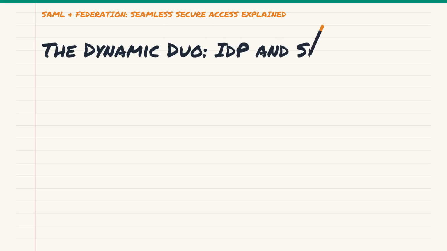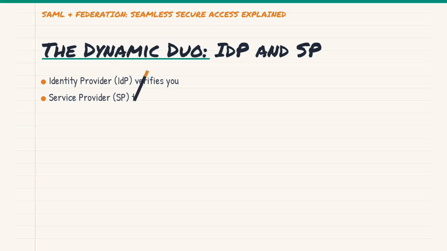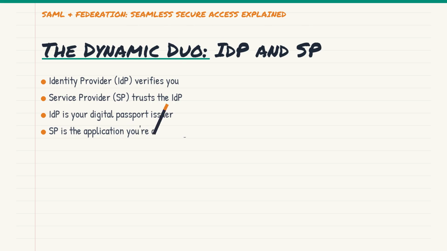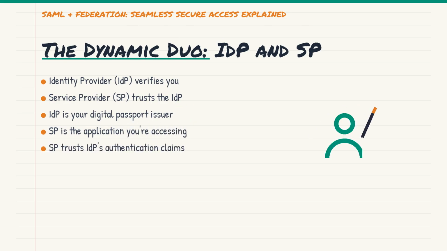When SAML is in play, there are two main characters, the identity provider, IdP, and the service provider, SP. Your IdP is like your trusted digital passport office. It holds your core identity information and is responsible for confirming who you are. Think of your company's main authentication system, like Azure AD or Okta.